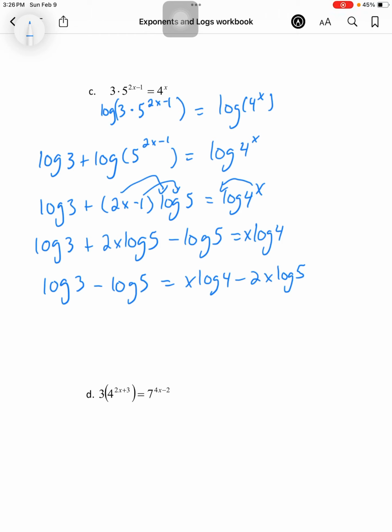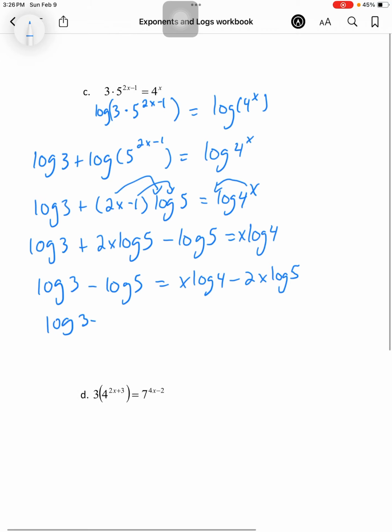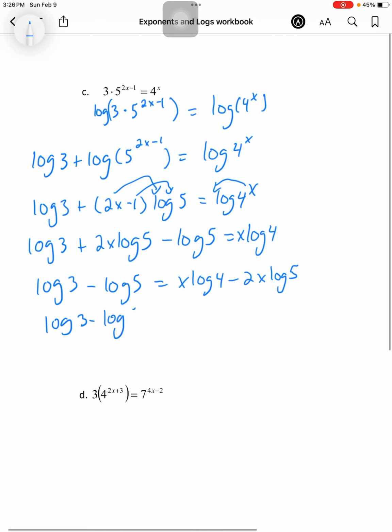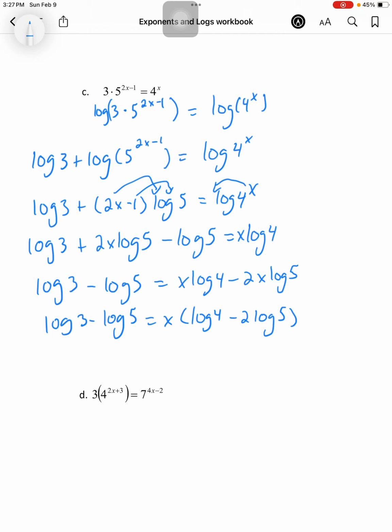So then from here, we just factor out x. The left side stays the same. Equals x and bracket log 4 minus 2 log 5. Do not factor out the 2 here because, well, you can't in the first place, but if you factor out 2, you end up having a bunch of different denominators and it's a lot more work, so don't do that.